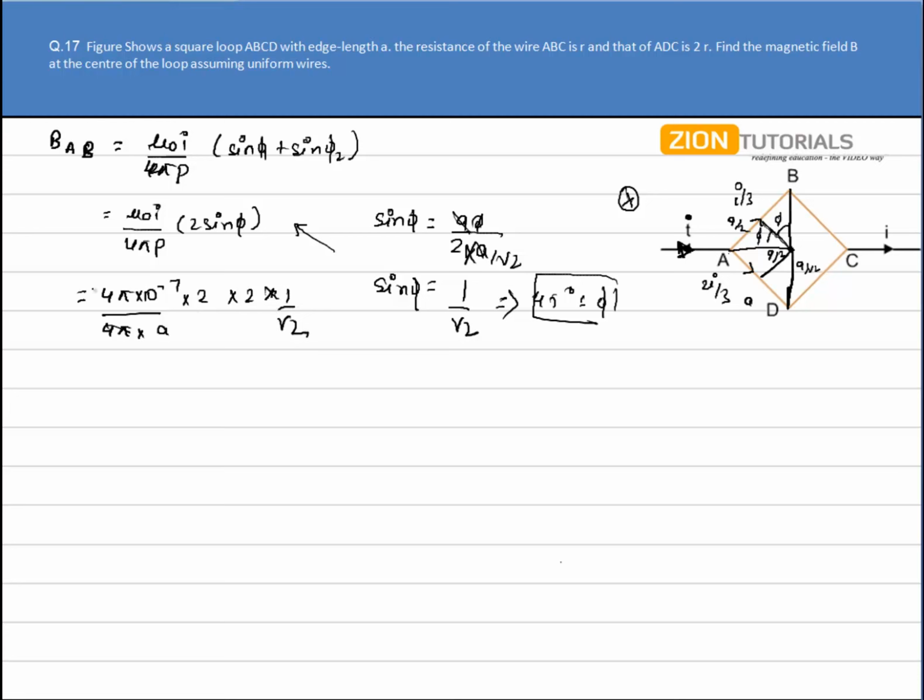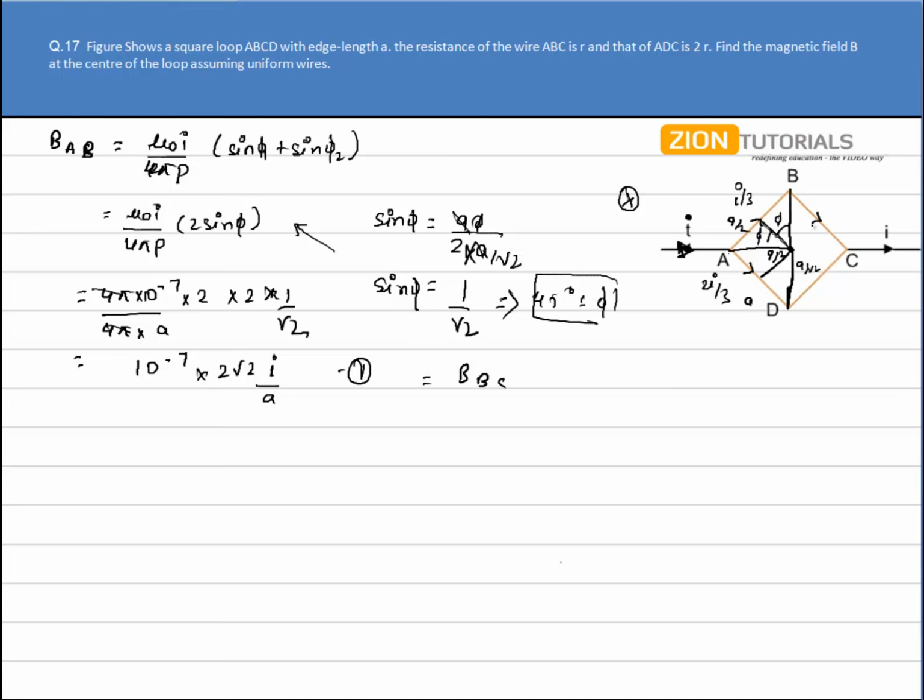So the 4 pi and 4 pi cancel, and I have 10 to the power minus 7 into 2 root 2 I by a. This is the magnetic field due to AB, and the same will be the magnetic field due to BC, because the current is in this direction. We have the same structure, so by similarity the magnetic field due to AB will be equal to BC.